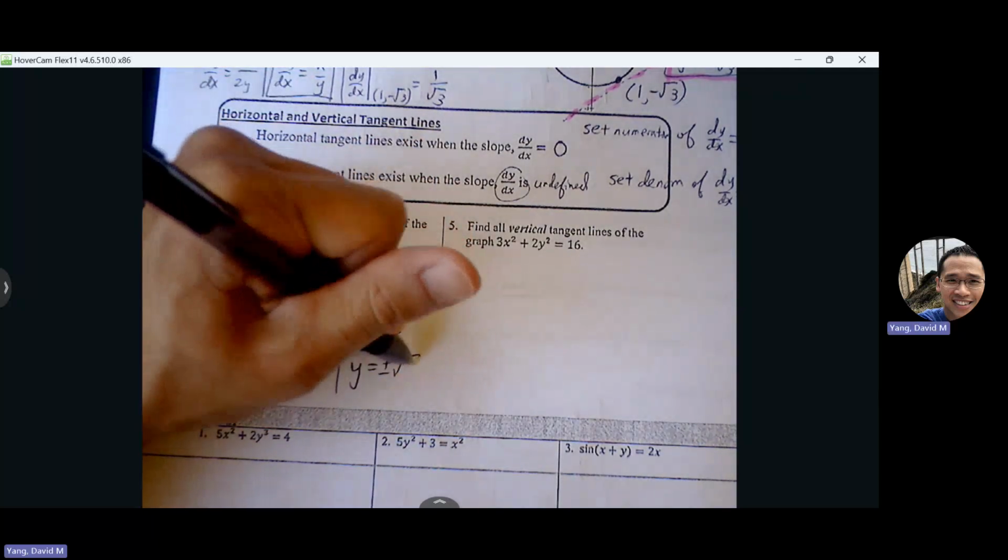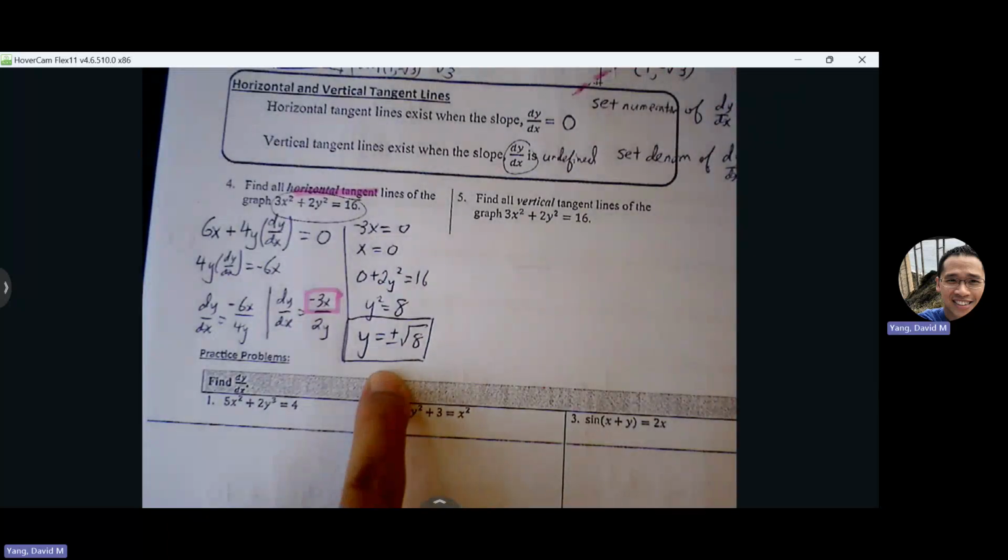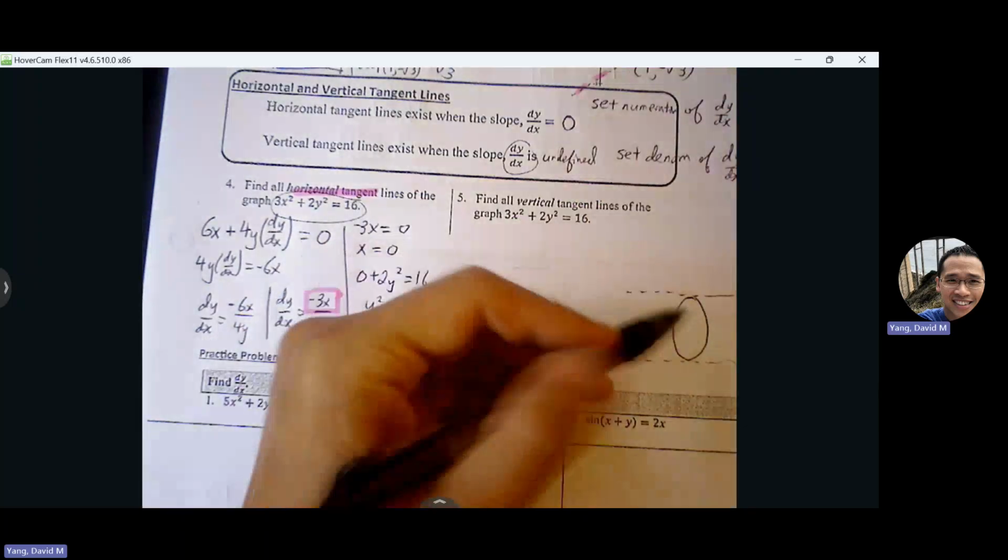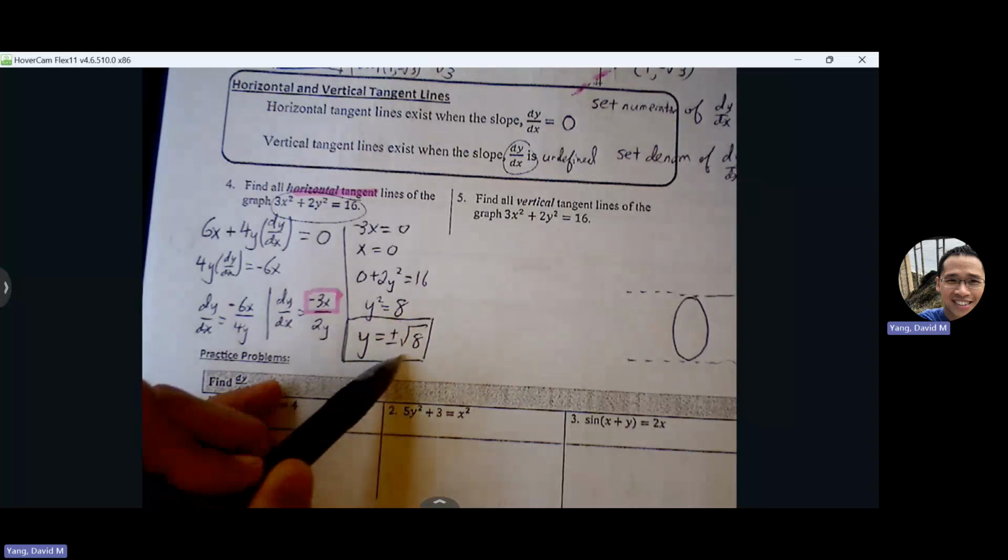Take the square root, I get plus or minus root 8. So we solved for y, but we also created two linear equations, right? On this ellipse, there's going to be a y equals positive root 8, and there's a y equals negative root 8. And these are going to be the lines of the horizontal tangents that we just created.